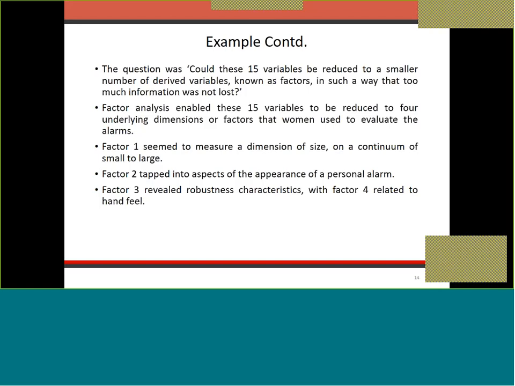So first one is dimension, second one is appearance. Factor 3 was robustness characteristics of the alarm, and factor 4 was hand feel. So if you take only these 4 factors, then most of these 15 factors will fit into these 4. So the concept of factor analysis is just that you reduce the dimensionality.